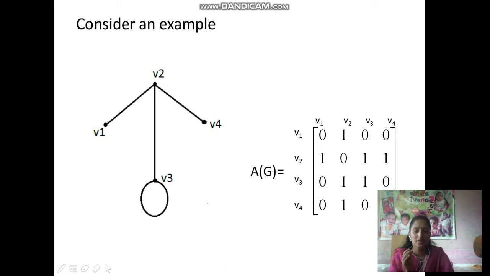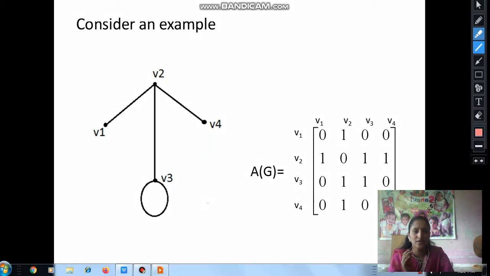This means we consider here V1 to V1. There is no edge between V1 to V1. So here I write 0. Now consider V1 to V2.